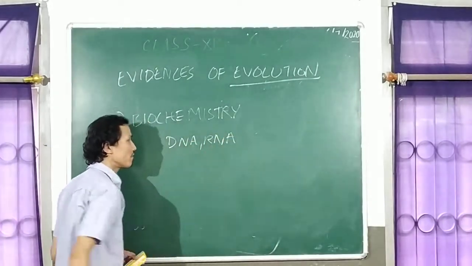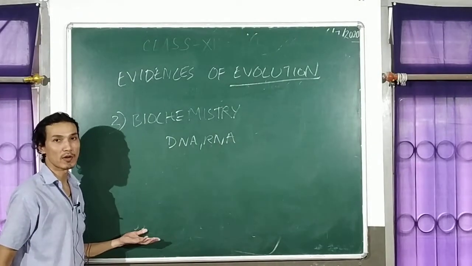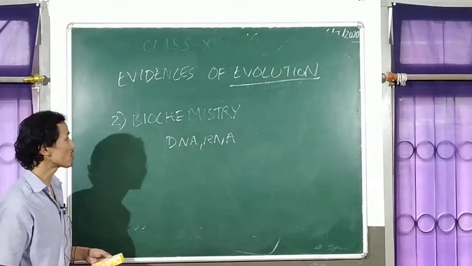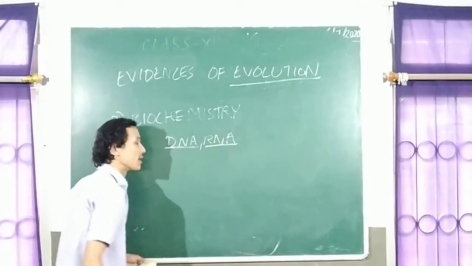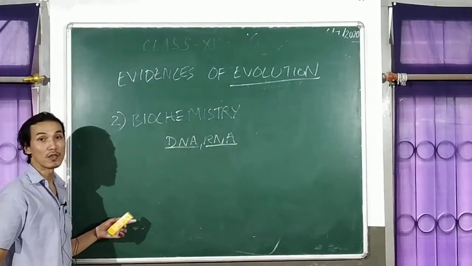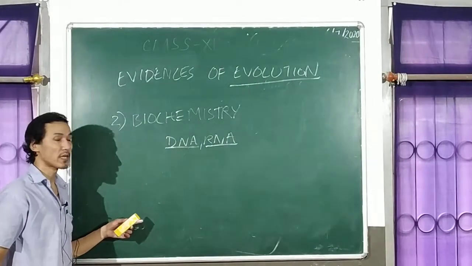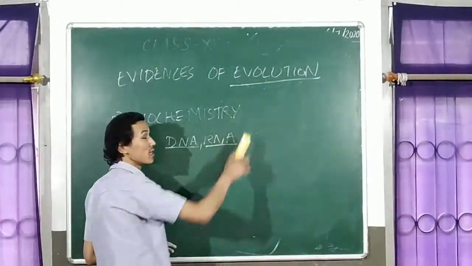So if you compare the various organisms, from viruses and bacteria to multicellular organisms like mammals or reptiles, you will always find some similarity regarding DNA and RNA. There might be major changes among unicellular and highly advanced multicellular organisms, but they will always share some sort of similarity, which proves that evolution is taking place.